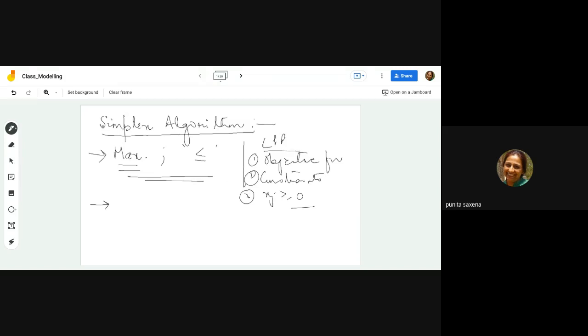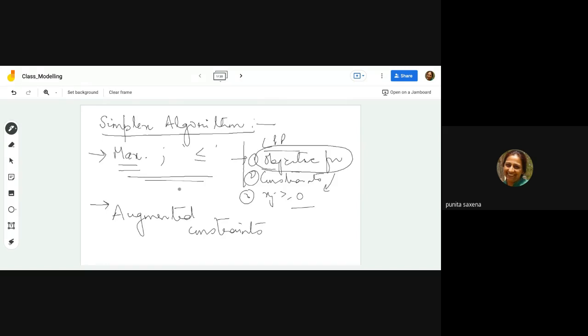When we start solving this algebraically, we'll bring the objective function also into the set of constraints, and I'll tell you how. We'll call that set of constraints the augmented constraints, in the sense that we augment the original set of constraints by adding the objective function there.